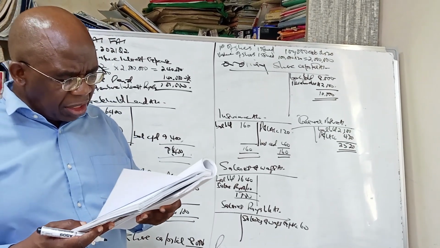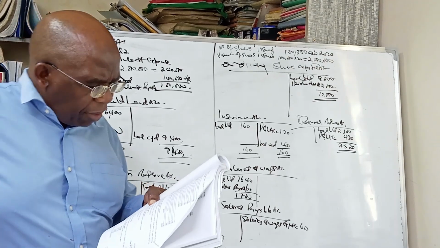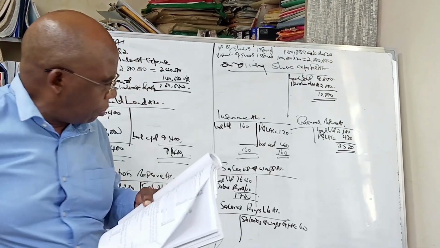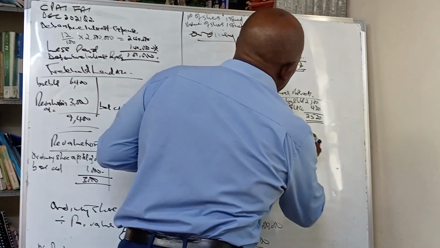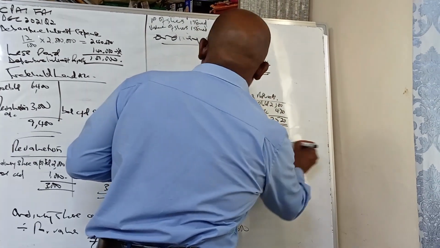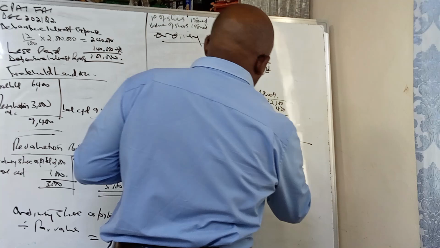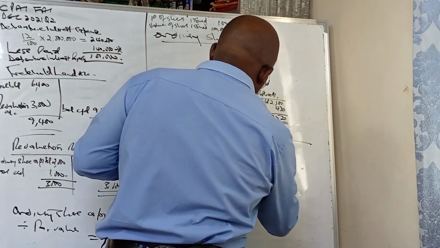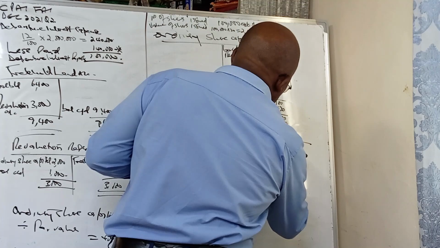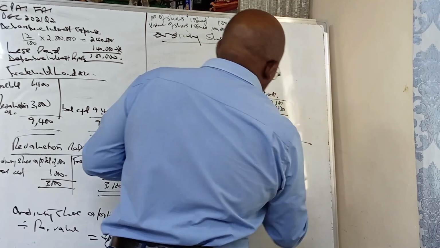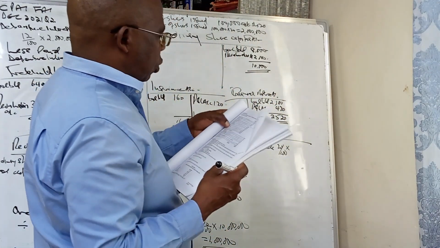Then you're told depreciation was provided at the rate of 20% for motor vehicles. So for depreciation on motor vehicle, we are told it is 20% on cost.